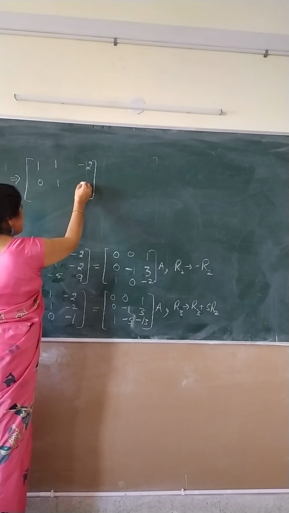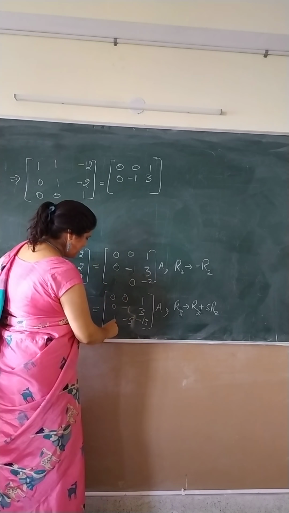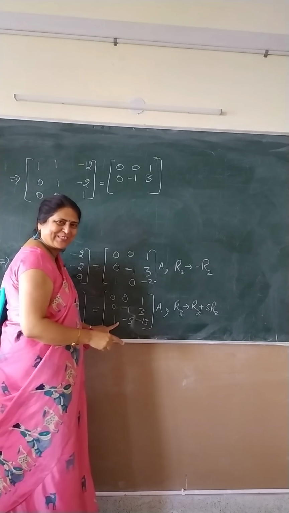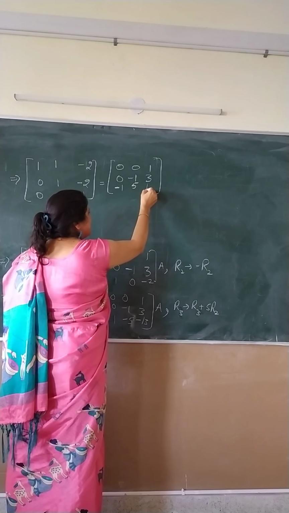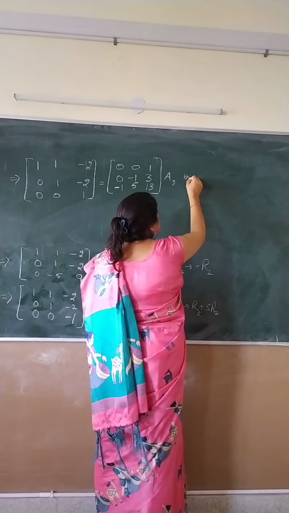Right? This is 0 minus 1, 3. And you are multiplying this by minus 1. Minus 1. This will be 5. It is 13 into matrix A by which operation? Multiplying R3 by minus 1. On multiplying R3 by minus 1, we get this.